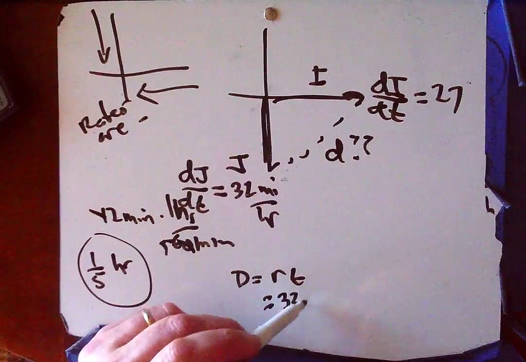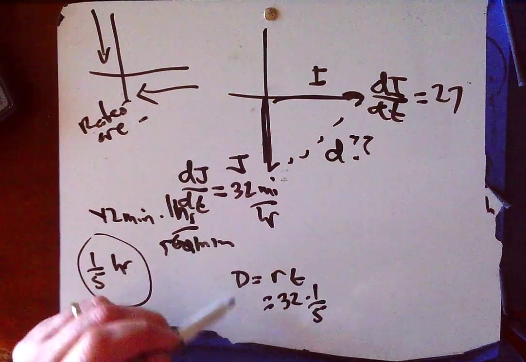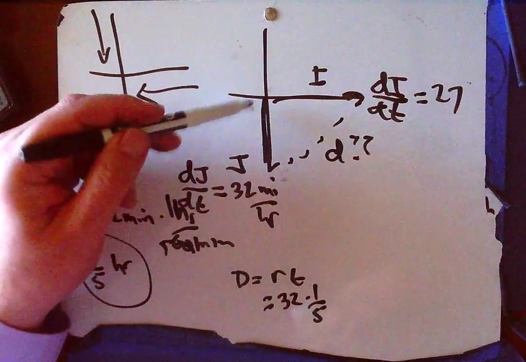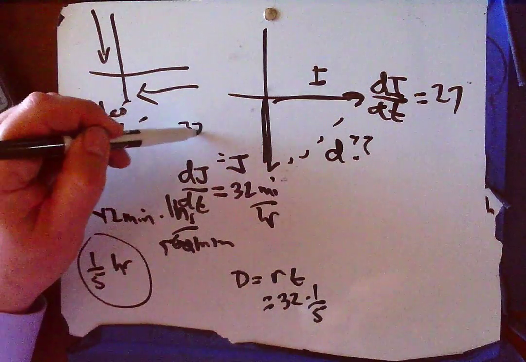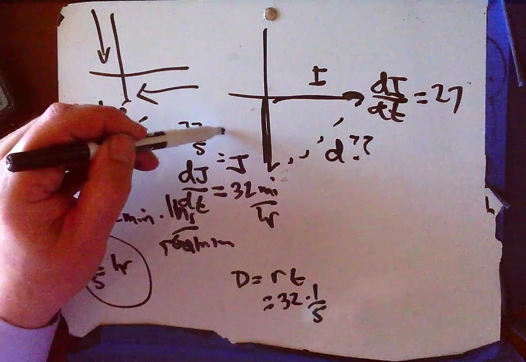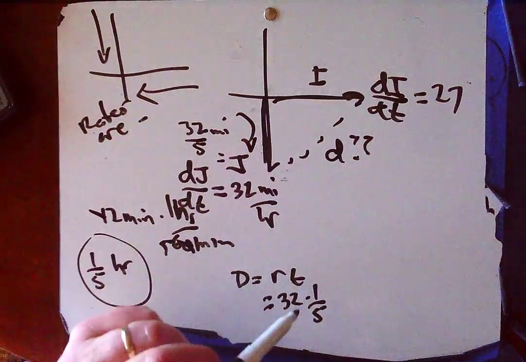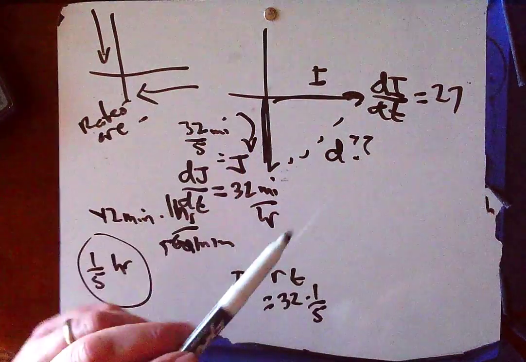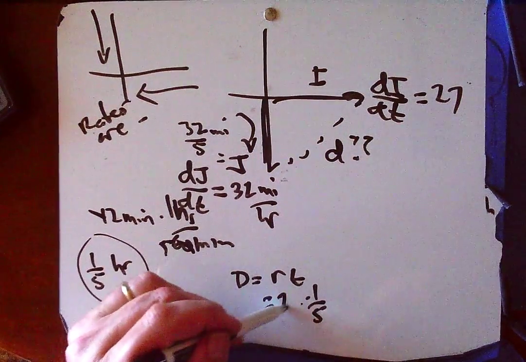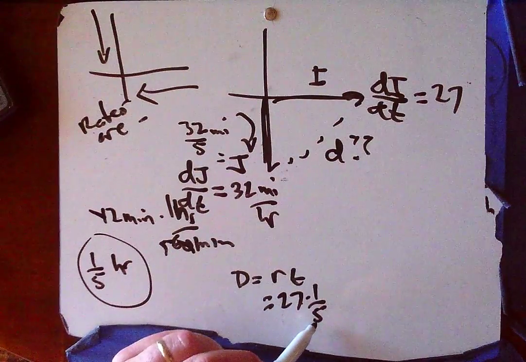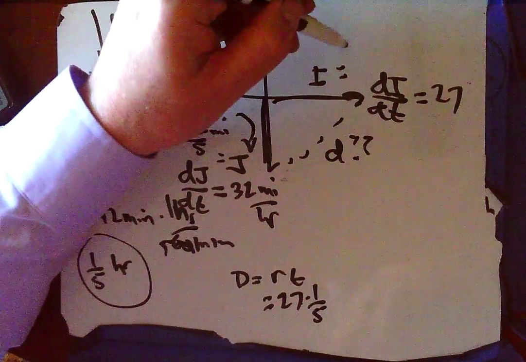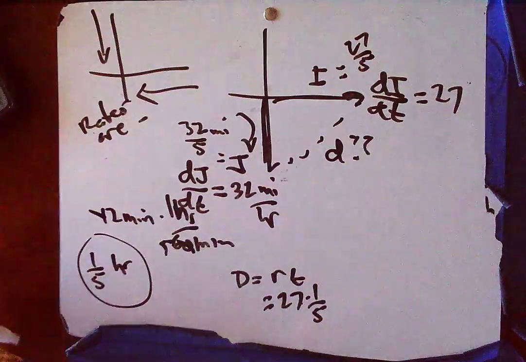So 32 times 1/5 will be this distance, 32 over 5. That's Jade's. And what about Isaac's distance? Well, Isaac was going 27 for that same 12 minutes. So Isaac is going to be 27 over 5.